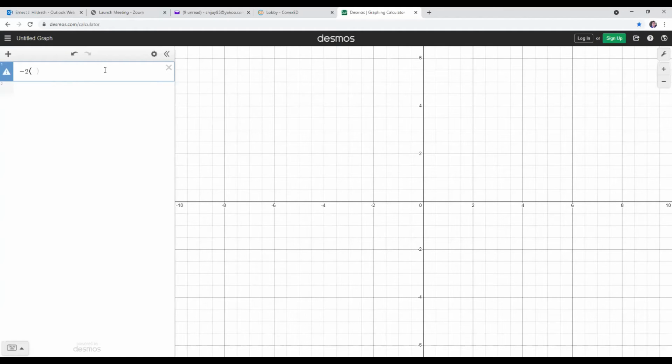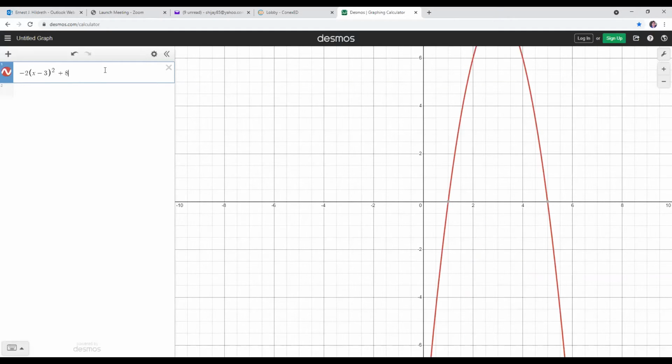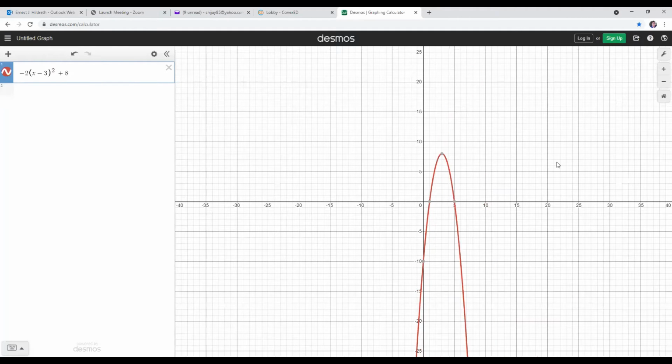So if we take the example of x minus 3, this is a parabola that I have for the example. We have negative 2 times x minus 3 squared plus 8.